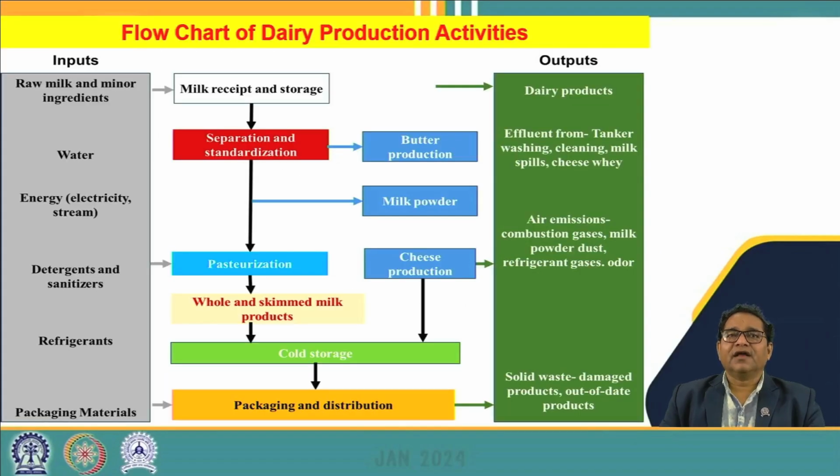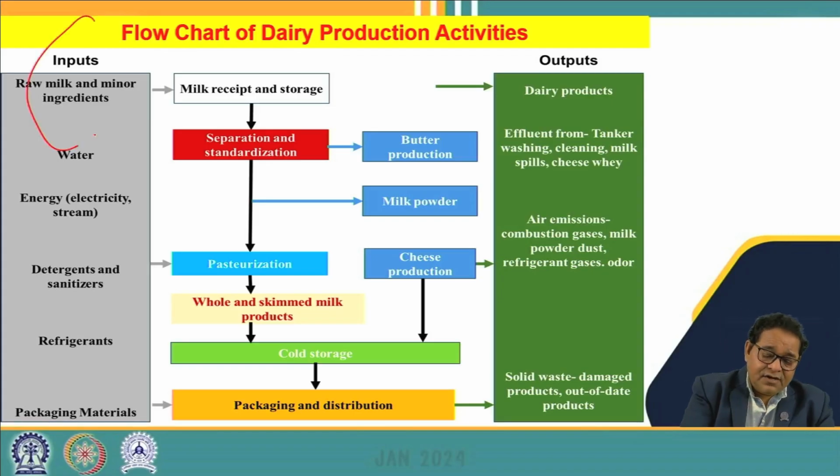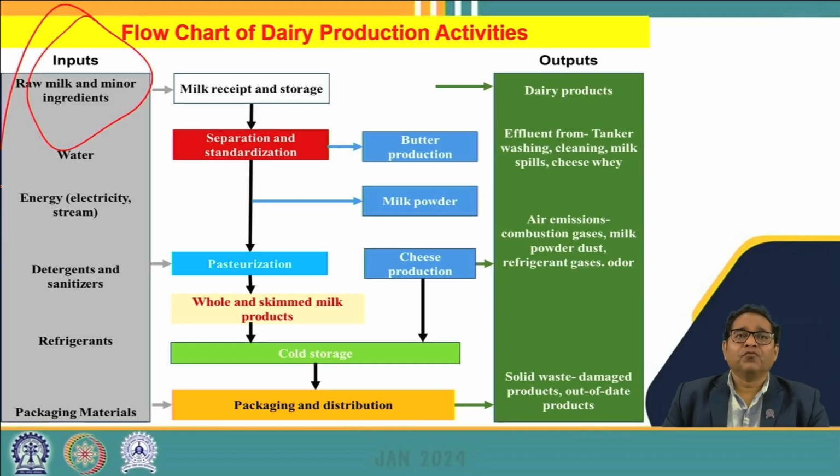And this is the flow chart of the total production process adopted in a dairy industry for producing various dairy products. Here, first are the inputs, the raw materials that are used. In the form of raw material, raw milk is used, and some minor ingredients that are needed for adding taste and odor to the dairy products.